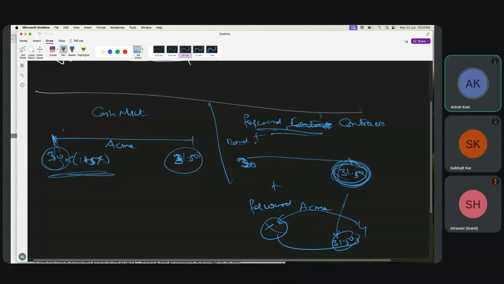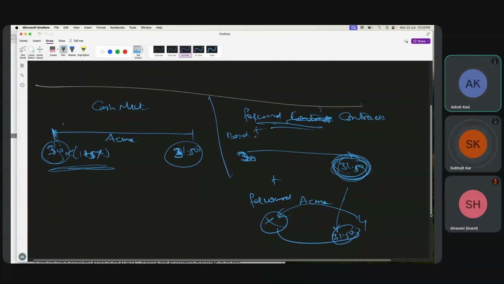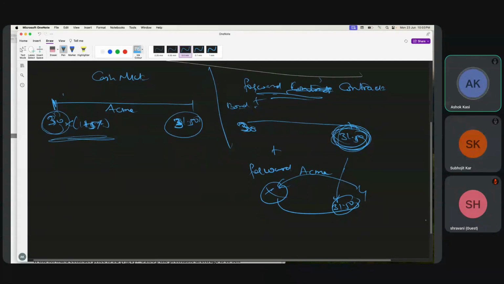Can you explain the last one again? The last one, forward. You have entered into a bond today. Instead of buying stock, you are buying a bond. After 1 year, you are getting 31.50. Along with this, when you bought the bond, you also entered into a forward contract, in which you agreed to pay 31.50 after 1 year.